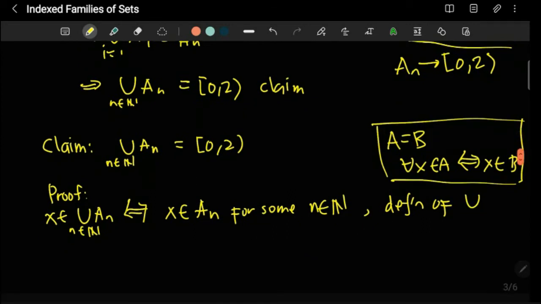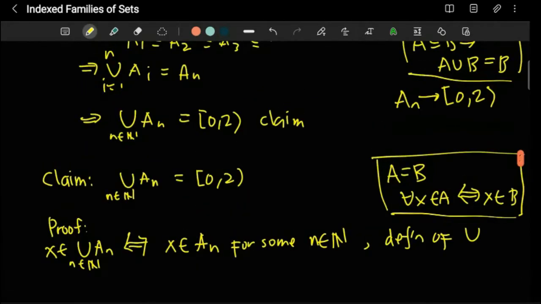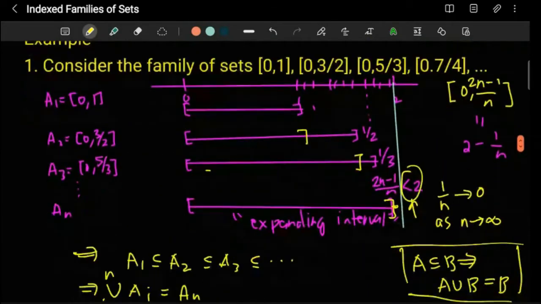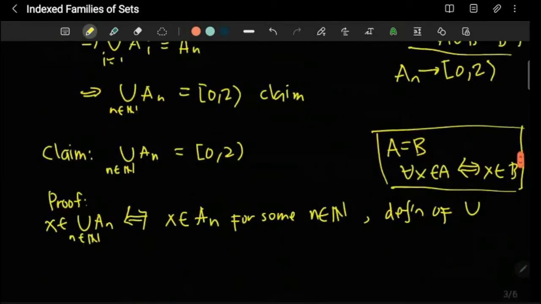Okay. So if x is an element of A sub n, and we know that A sub n, again, how do we define A sub n? Let me write it here. A sub n is defined as the interval 0 to (2n minus 1) over n. That's our A sub n. So meaning x is in that set. So this means that x is an element of the interval 0 to (2n minus 1) over n.